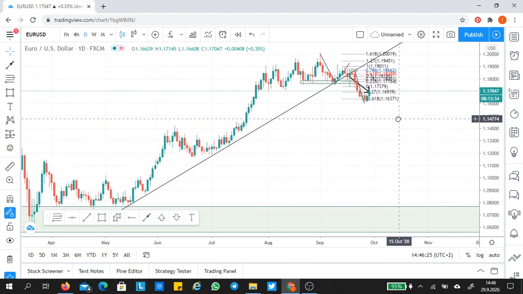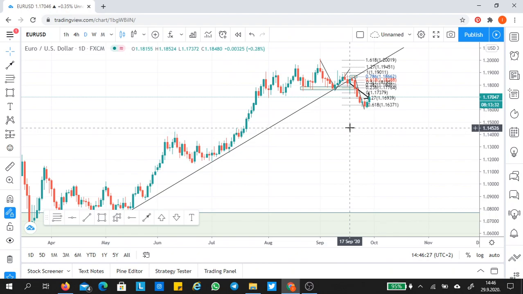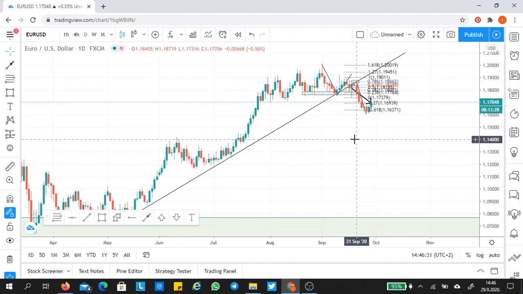So for now the euro dollar looks bearish, but as I said, since the bigger picture is bullish, I'm out of the trade. I had some other trades which I hope you followed. If you are following me, you saw it.